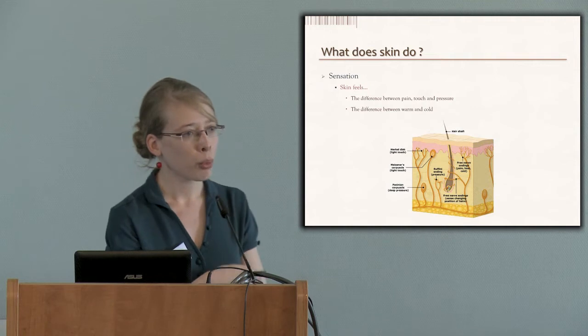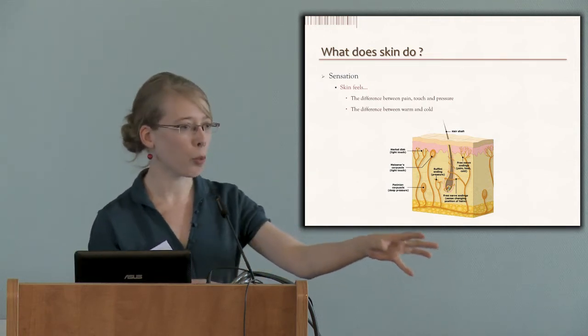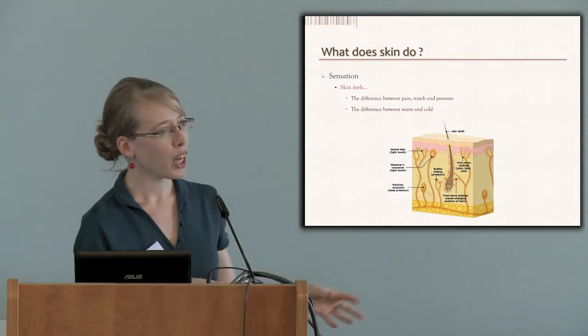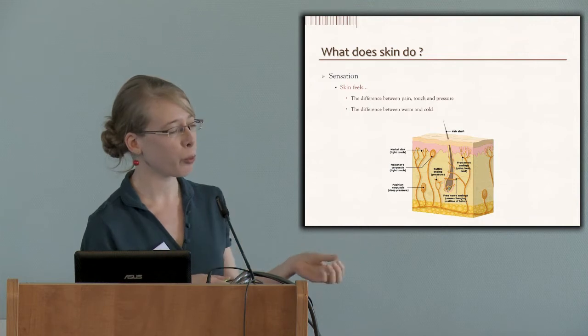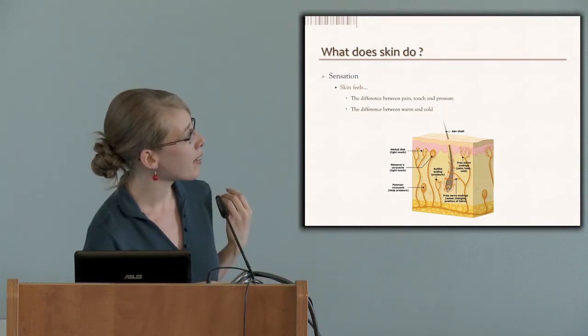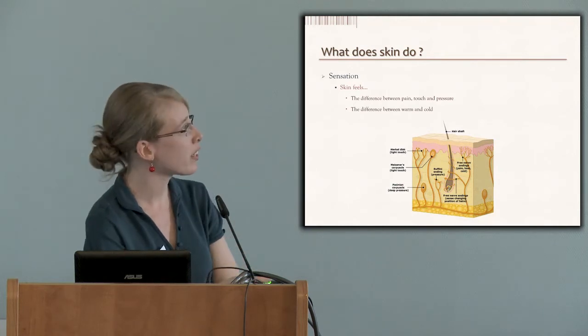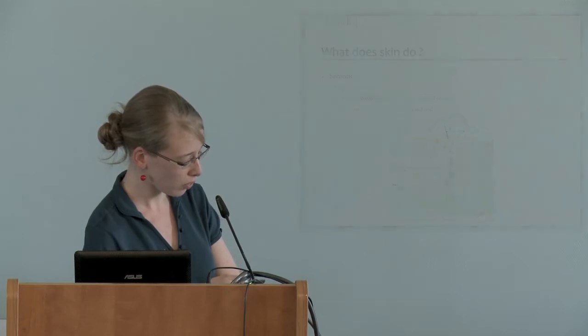And this is very important because when we are reaching for a cup of tea and it's way too hot to touch, our skin will tell us that, and we will pull our hand back so that we won't get any severe burns.